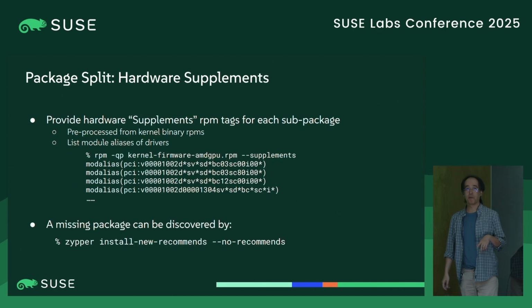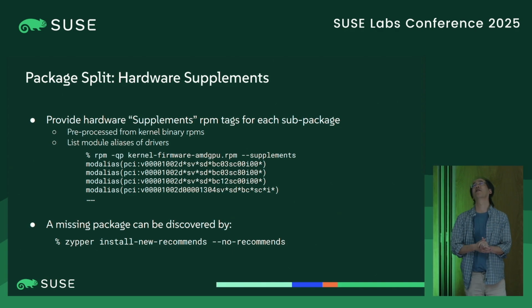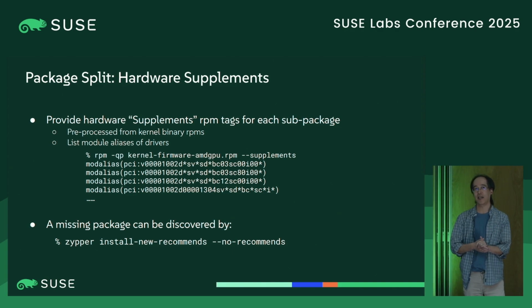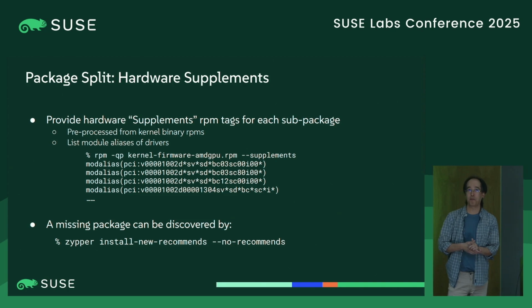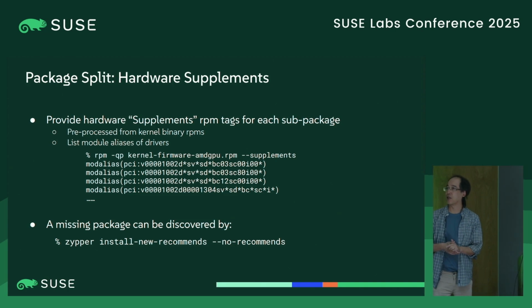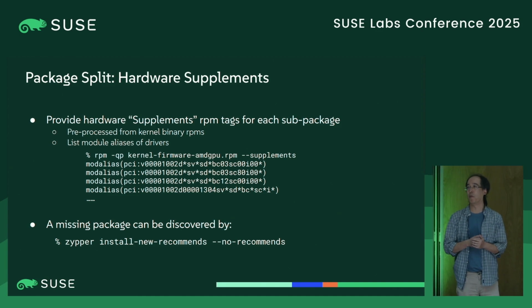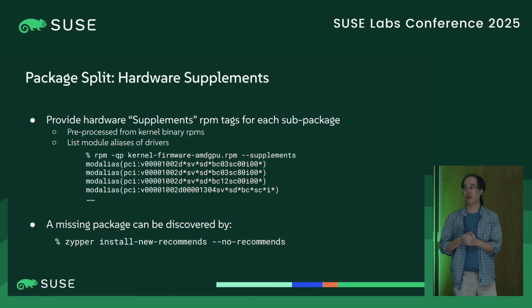And another point of the splitting is that each small kernel-firmware sub-package has a Supplements tag for hardware. This is pre-processed and generated from the kernel binaries, describing the module aliases of the belonging drivers, so the PCI IDs or USB IDs, whatever.